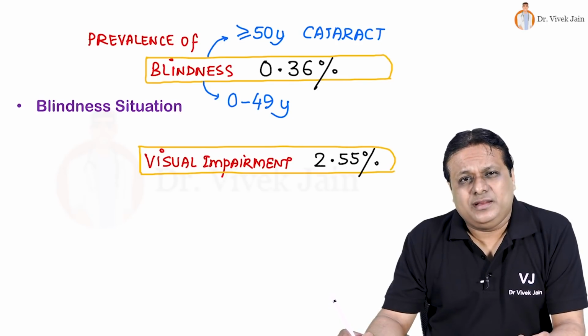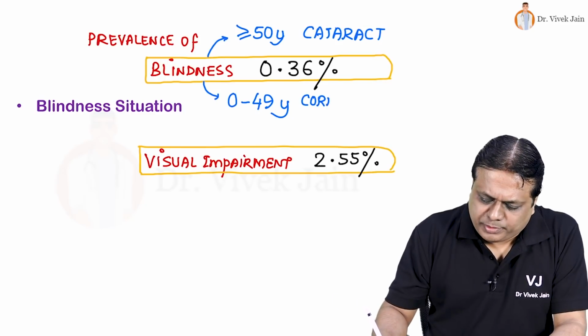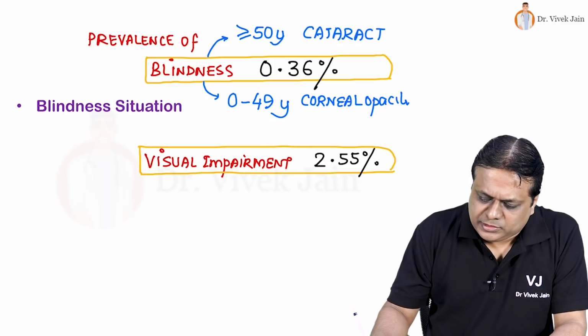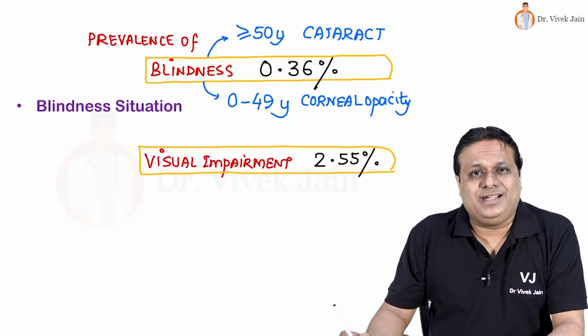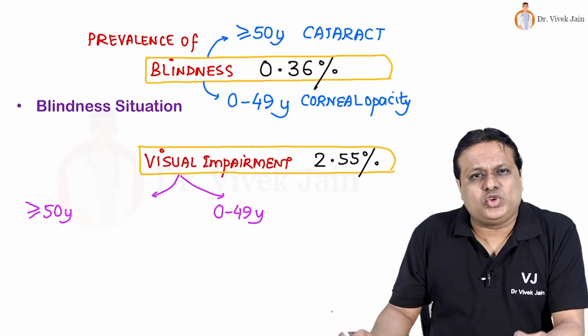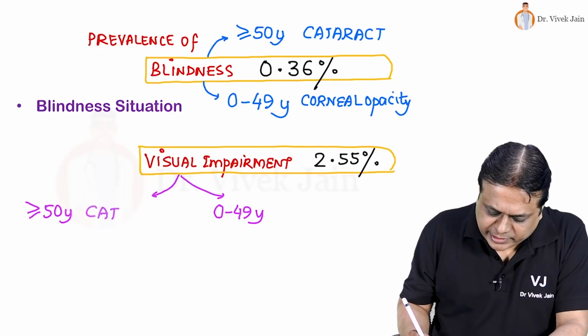When we look at population below 50 years, then corneal opacity has been found to be the commonest cause of blindness. Similarly, the most common cause of visual impairment in age above 50 years is again cataract.